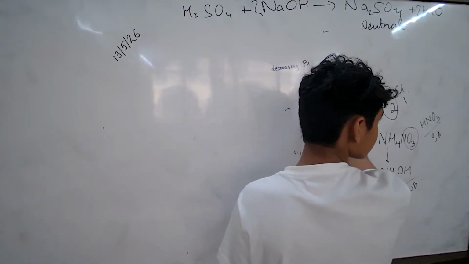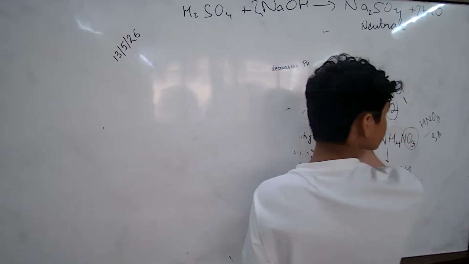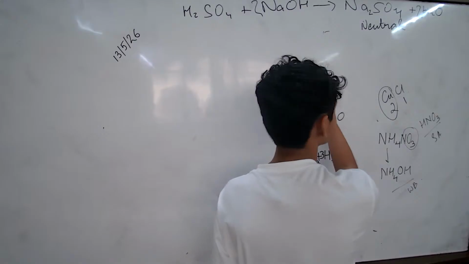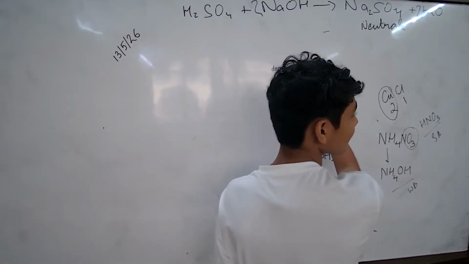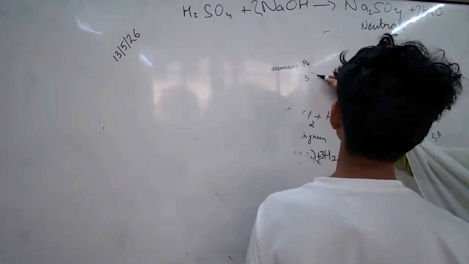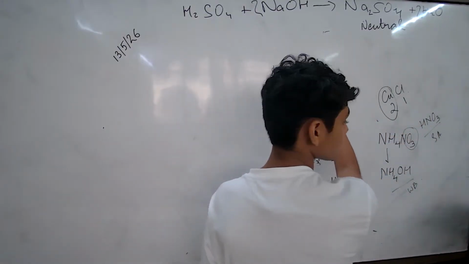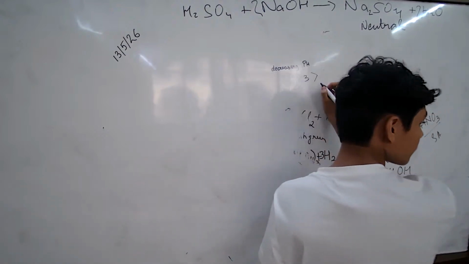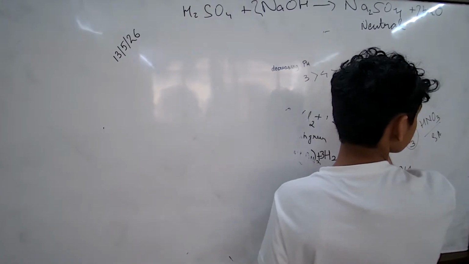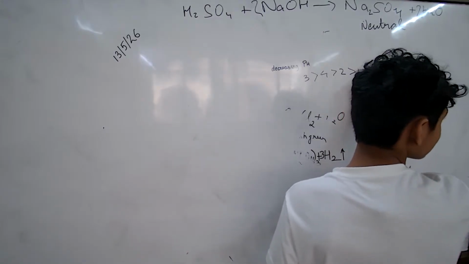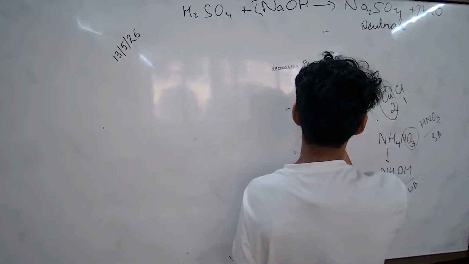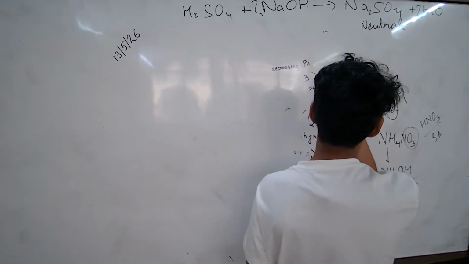Look, 3. Make the decreasing sign. What does the decreasing sign look like? After that 4, then 2 and then 1, option 3. Decreasing H positive concentration.